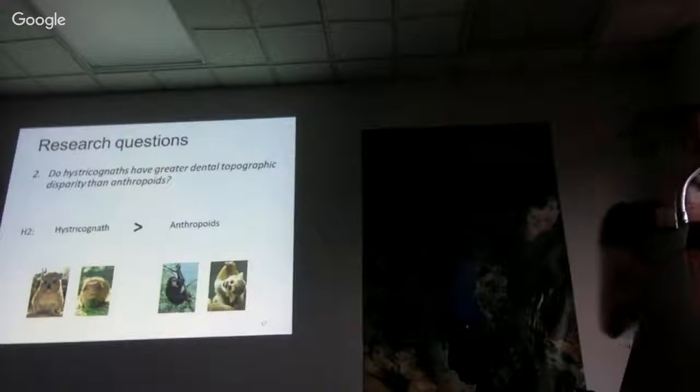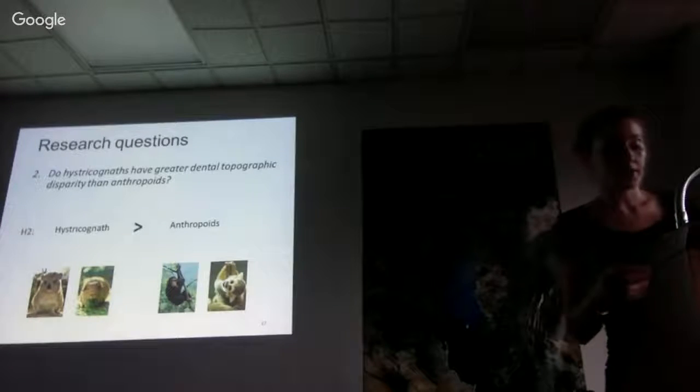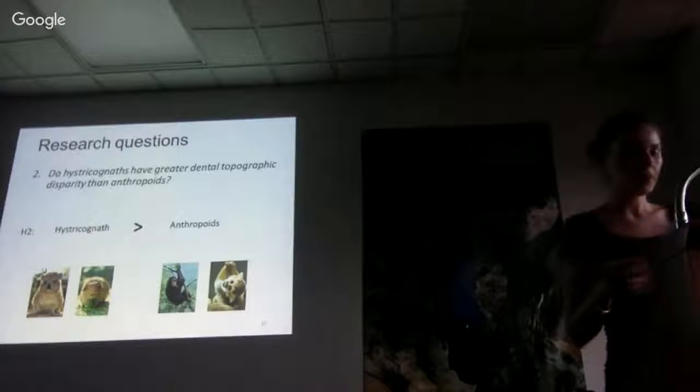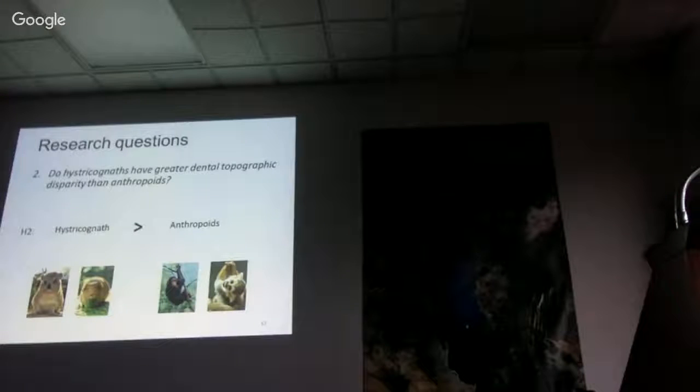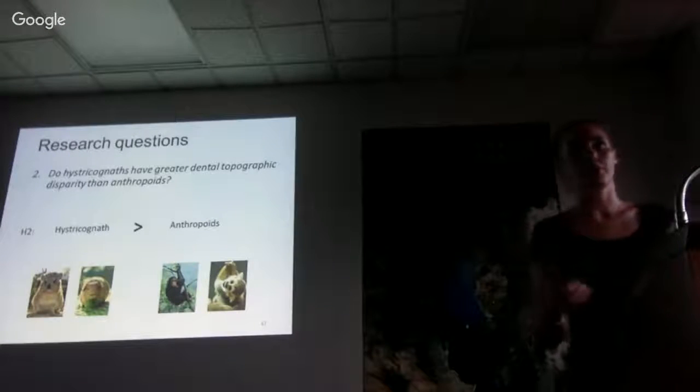Question 2. Do hystricognaths have greater dental topographic disparity than anthropoids? The dental morphology of hystricognath rodents has truly radiated to an extreme extent, whereas the primate dentitions have already been said to have remained a more conservative morphotype.